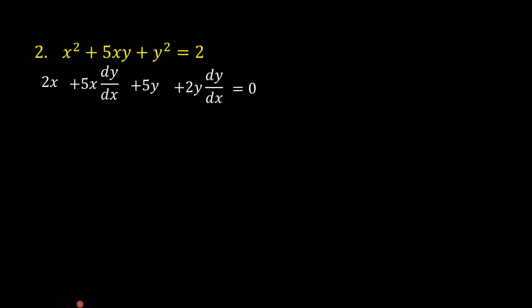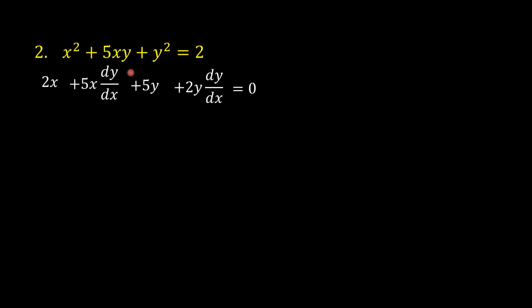Next step, collect all dy/dx terms on the left side. There are two dy/dx terms, the second term and the fourth term. So we must transpose 2x to the right side, change its sign from positive to negative.